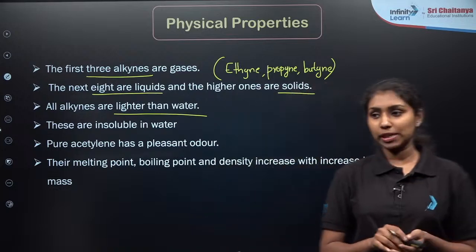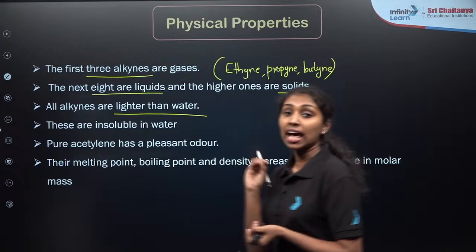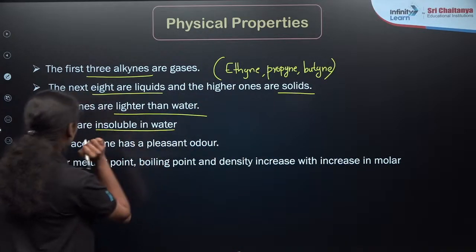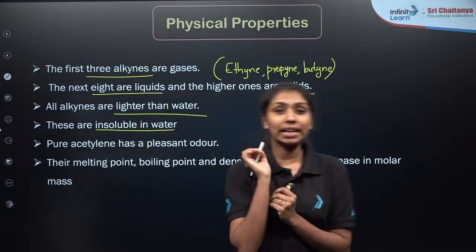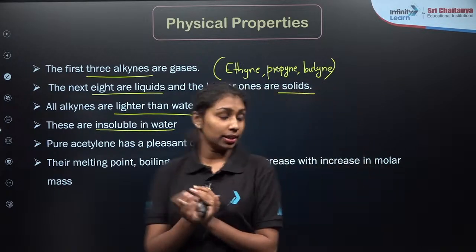It is insoluble, right? So just like alkanes and alkenes, all the hydrocarbons are insoluble in water. When you talk particularly about acetylene, we can say that pure acetylene has a pleasant odor.